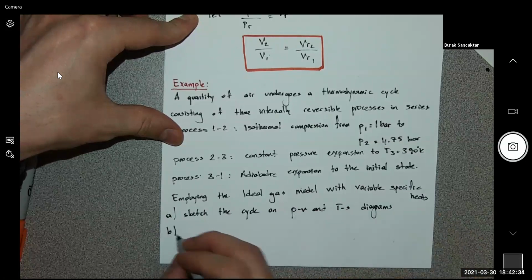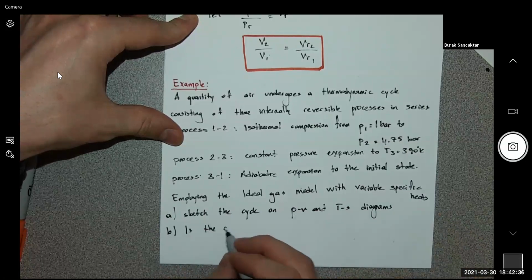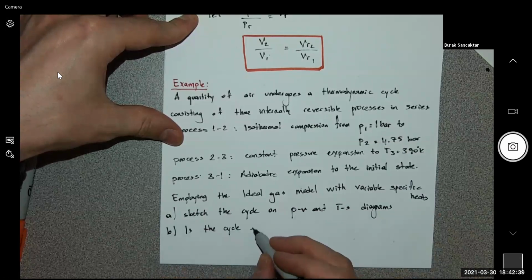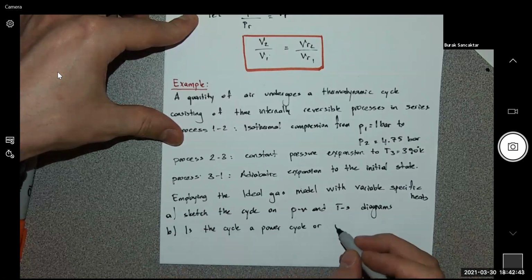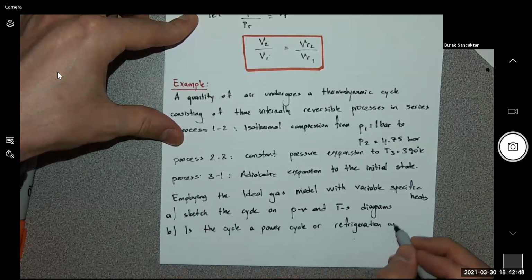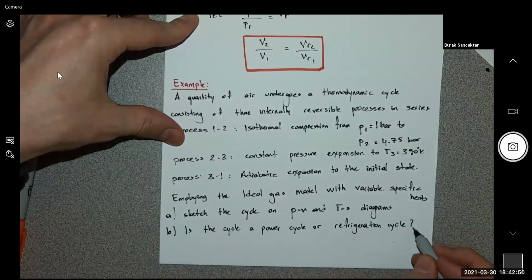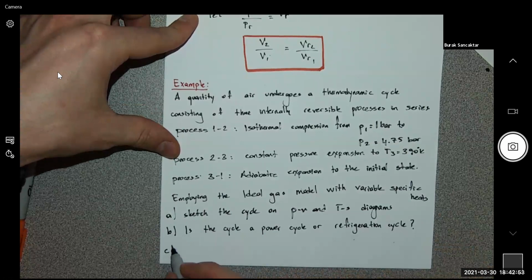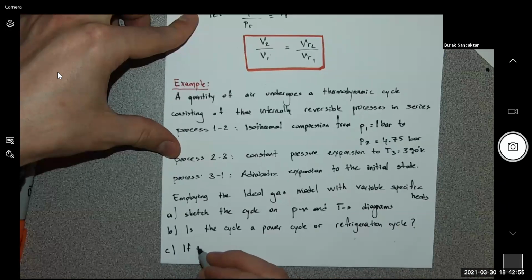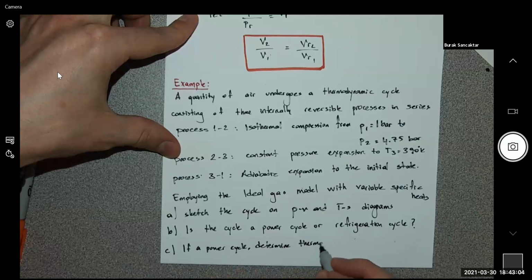B, is the cycle a power cycle or refrigeration cycle? C, if a power cycle, determine thermal efficiency.